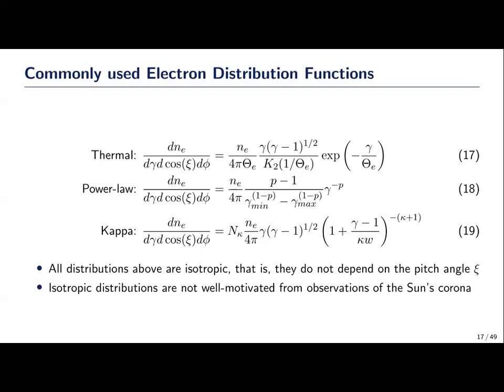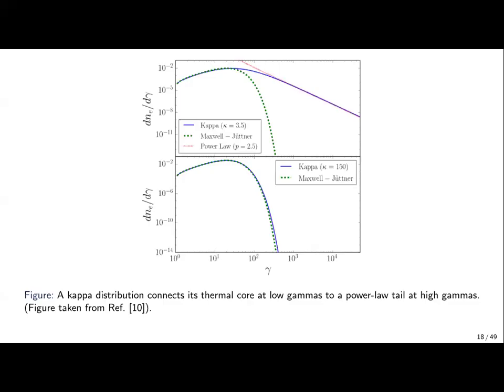Historically, people have introduced power laws because the vast majority of synchrotron radiation comes from highly relativistic electrons. And in this highly relativistic regime, the Maxwell-Jüttner distribution doesn't really describe it accurately, but remember, it was terribly difficult to compute synchrotron coefficients.